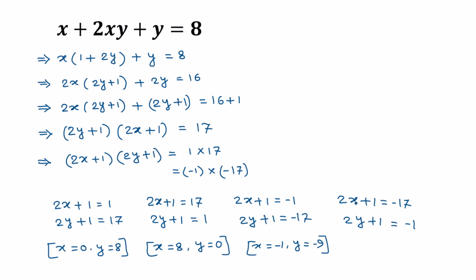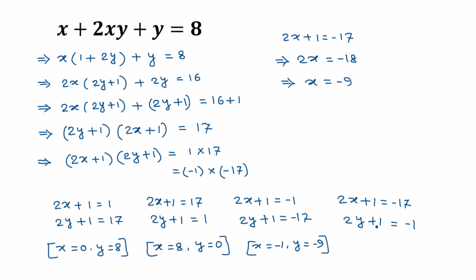Now for this case, we have 2x + 1 is equal to negative 17, or taking this 1 to the right side, we get 2x is equal to negative 18, and dividing both sides by 2, we get the value of x is equal to negative 9.